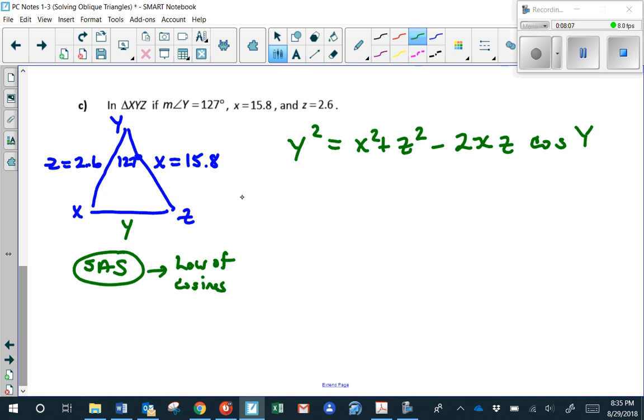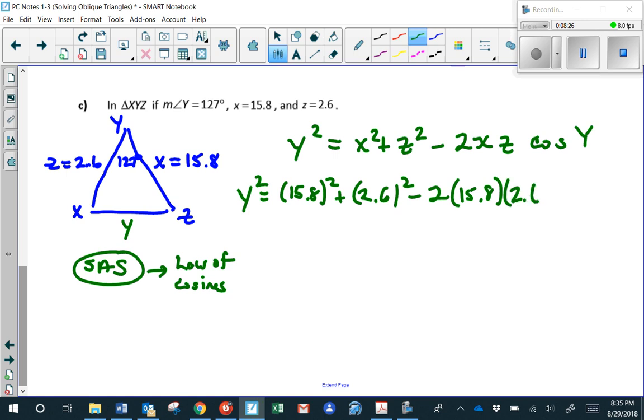Now we're going to make some substitutions. Y squared is equal to 15.8 squared plus 2.6 squared minus 2 times 15.8 times 2.6 times the cosine of 127 degrees. I'm going to let the calculator do as much work as possible.